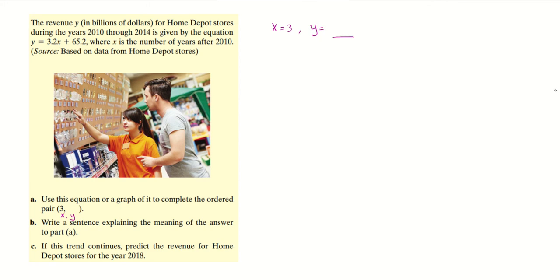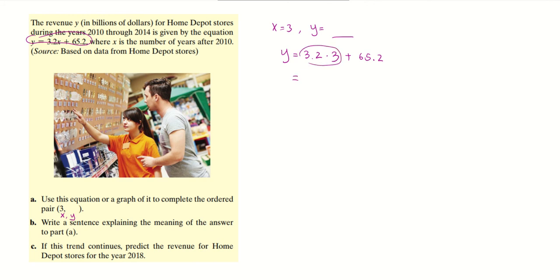Using the equation, you will have y equals 3.2, but instead of x we have 3, because we're given x equals 3, plus 65.2. Okay, do the calculation here. Order of operations, right? You do the multiplication first.